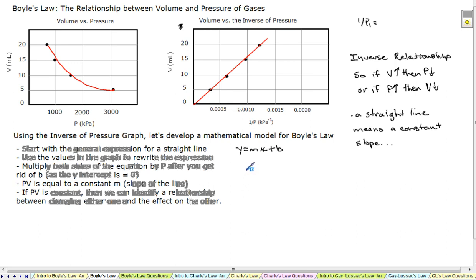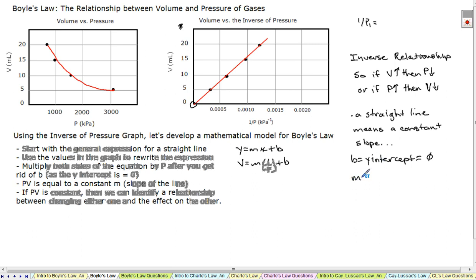We can sub in our variables: our y variable is volume, and our x variable is 1 over P. It's not P, it's 1 over P. Because the line goes through the origin, b, our y-intercept, equals 0, so we can get rid of that.